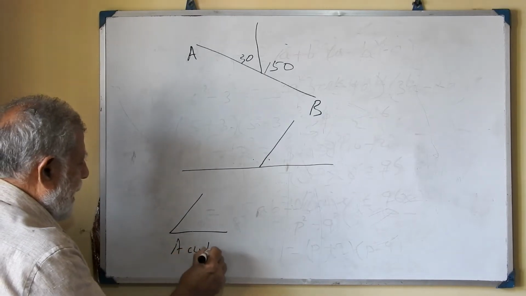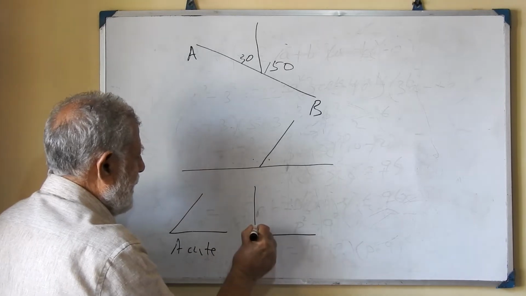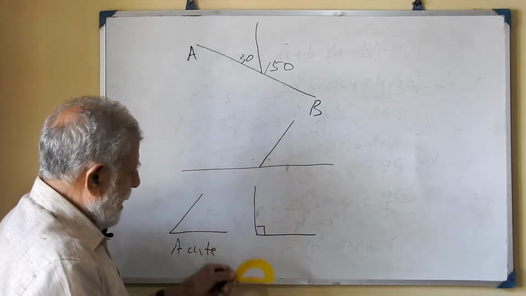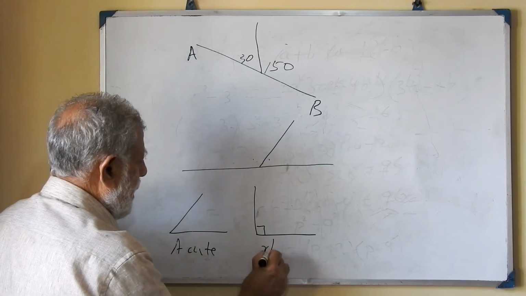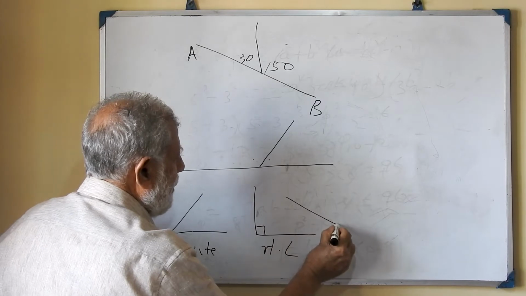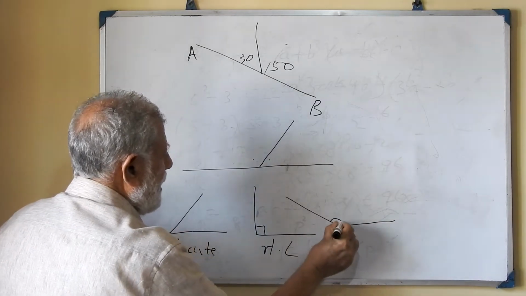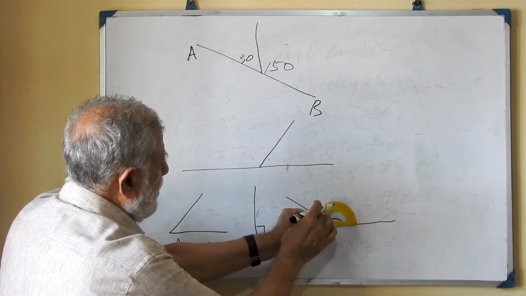Then after the acute angle, we have the right angle. A right angle is exactly 90 degrees. After the right angle, we have the obtuse angle, which is more than 90 degrees. We keep the protractor here and start counting from here, and it will come to more than 90 degrees.